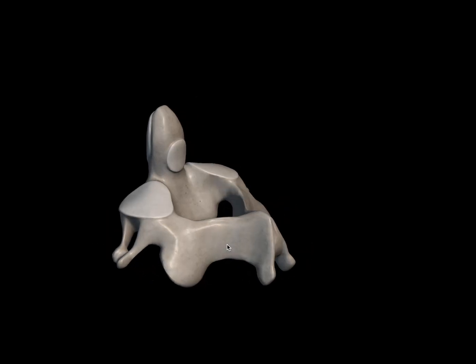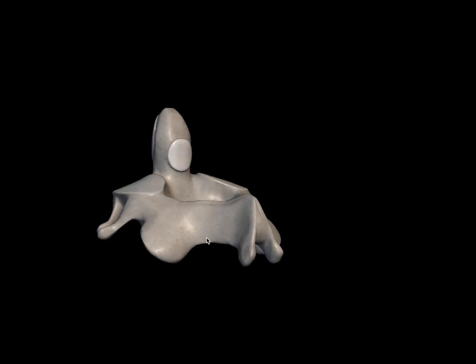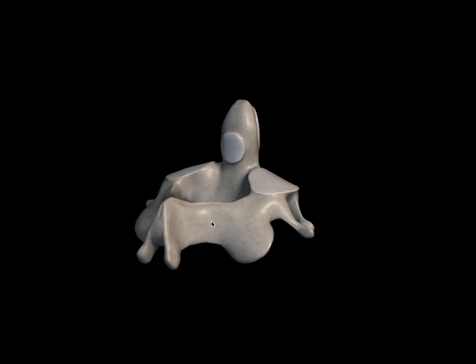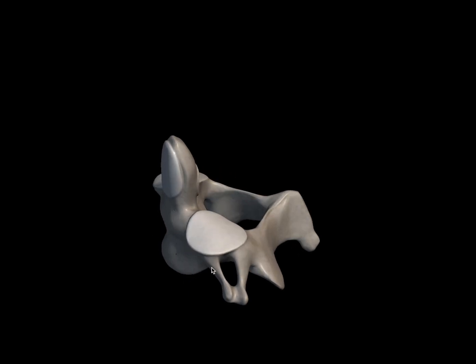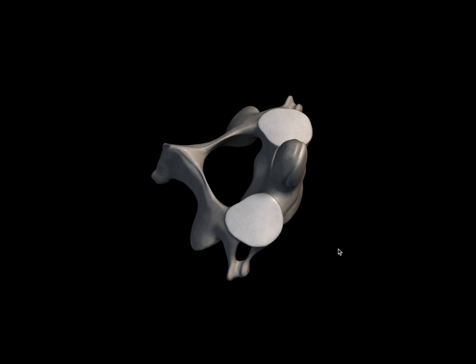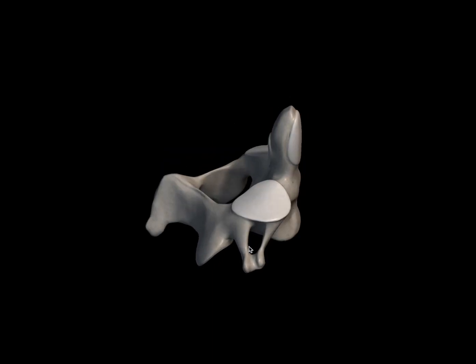Next to the pedicles are the laminae, and the laminae are thick and strong. The transverse processes: this is one transverse process and this is the other. These are very small in comparison to the transverse processes of the other cervical vertebrae.